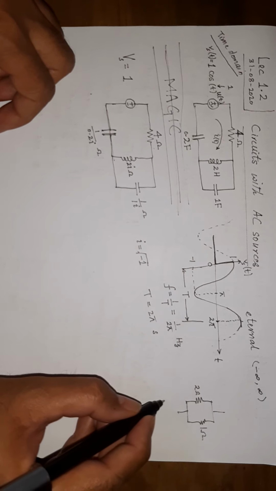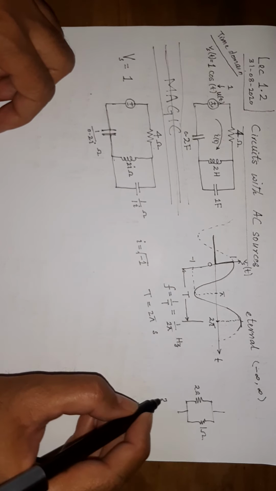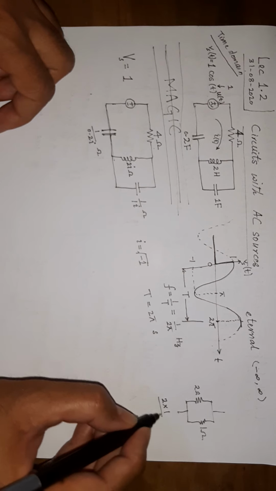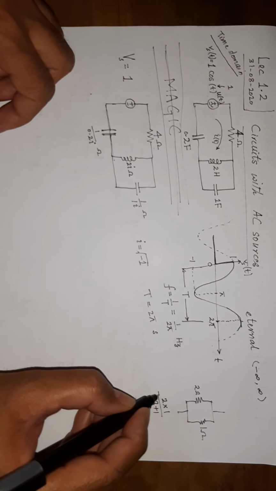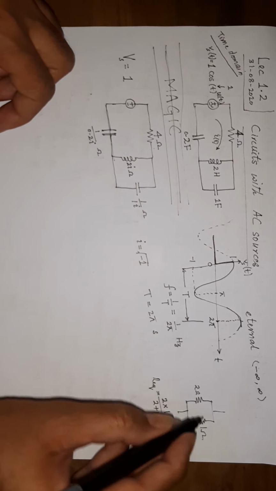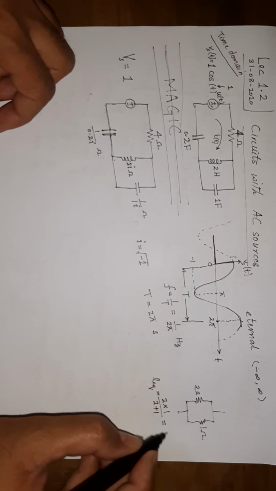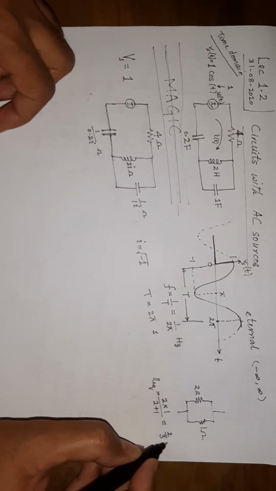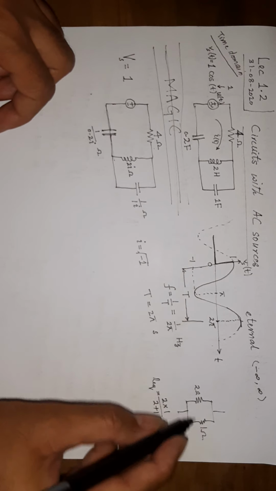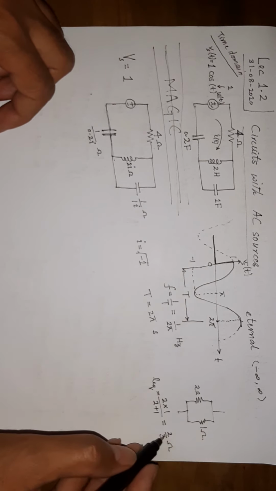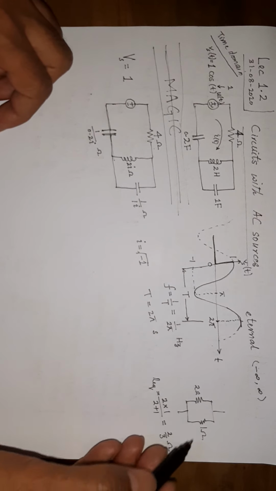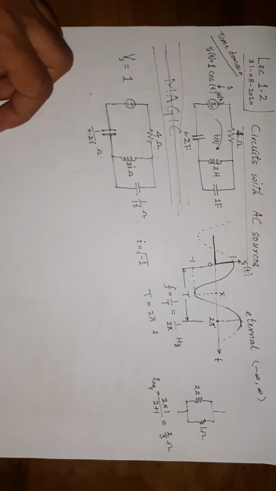We have a product over sum formula, which gives 2 by 3. The equivalent resistance must be smaller than the smallest value.